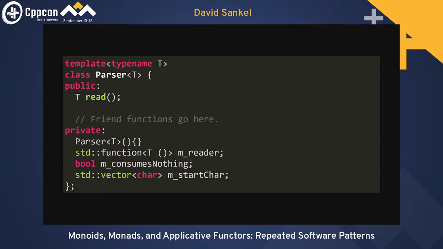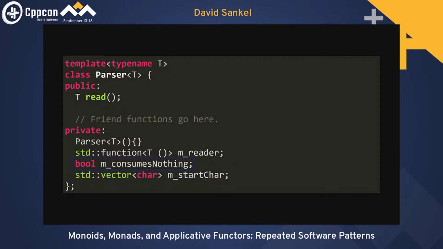Now, this particular parser is implemented by having a collection, a vector of chars, which this parser knows that it can parse based on these chars. This will help us with composition later. So if your parser is only valid if it begins with the letter A, then this vector of chars will have the single value A in it.